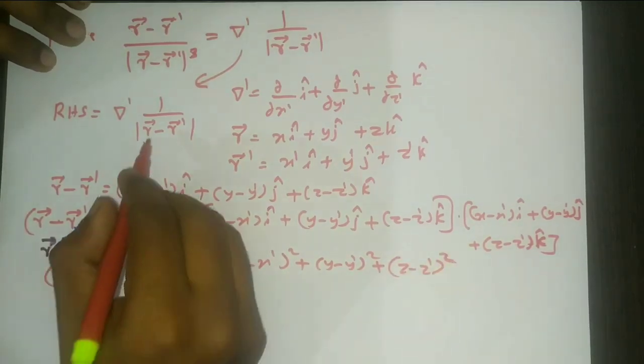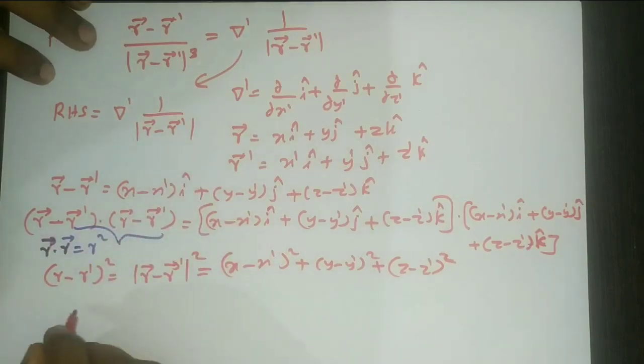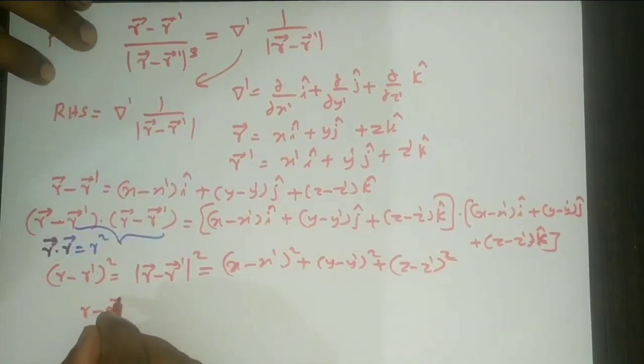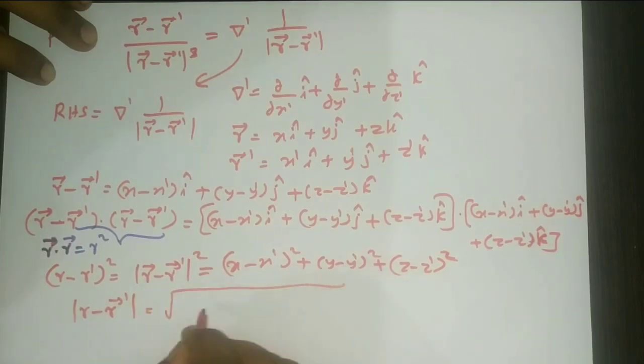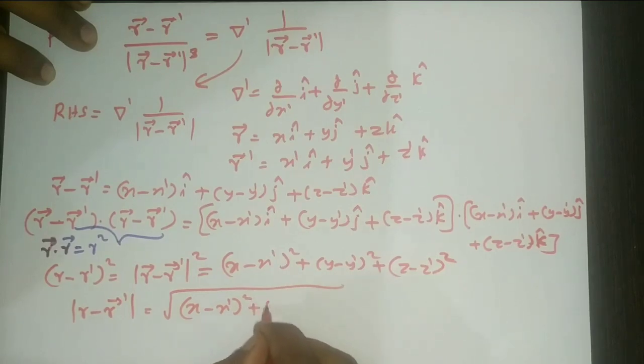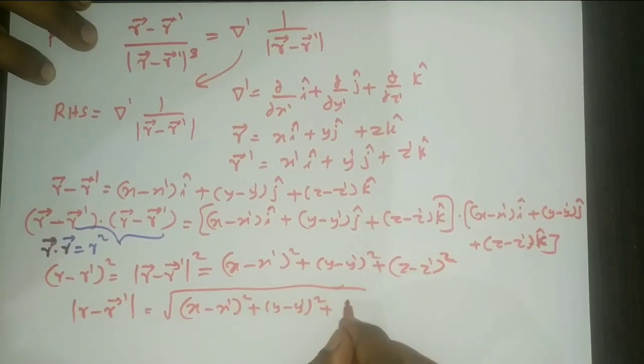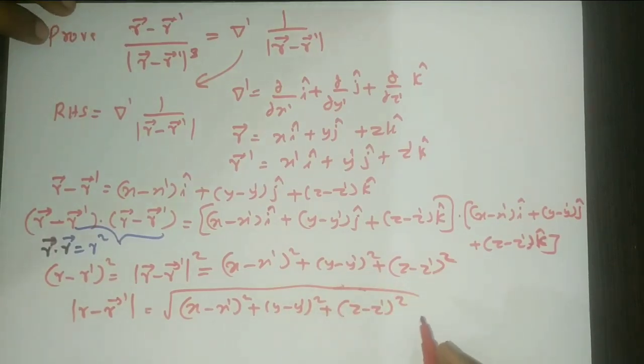The required quantity is modulus of r minus r prime, which is the square root of this quantity, that is (x minus x prime) whole square plus (y minus y prime) whole square plus (z minus z prime) whole square.